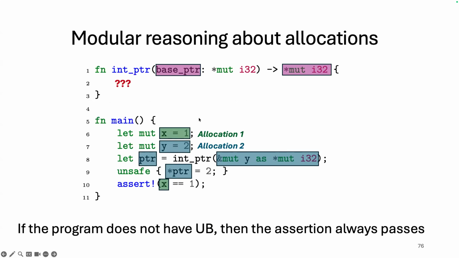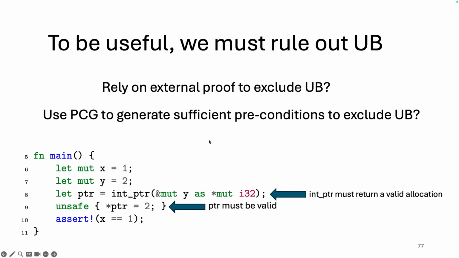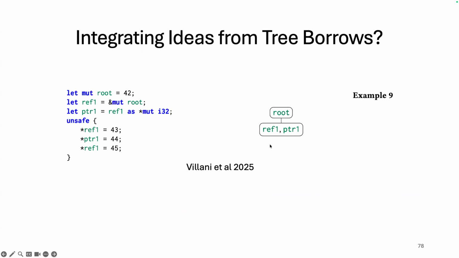If the int pointer isn't doing something crazy, then we should be okay. So if we wanted to extend the reasoning in this way, we'd also have to rule out UB. Maybe we could propagate constraints and figure out what conditions are necessary to exclude it. And besides provenance, there's also this other thing you might have heard of called tree borrows.